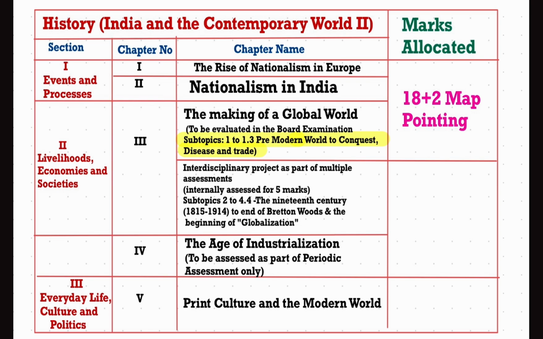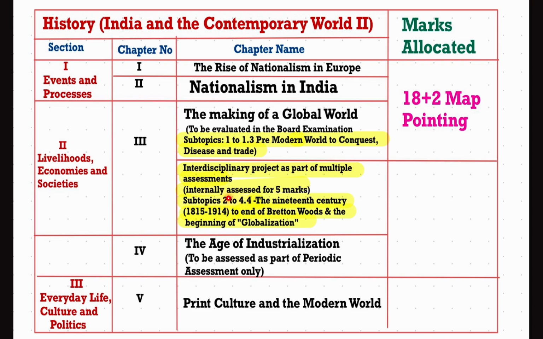From this chapter, the remaining things are an interdisciplinary project as part of multiple assessment, which is internally assessed for 5 marks. You can see here subtopics 2 to 4.4, the 19th century, that means 1815 to 1914, to the end of the Bretton Woods and the beginning of globalization.